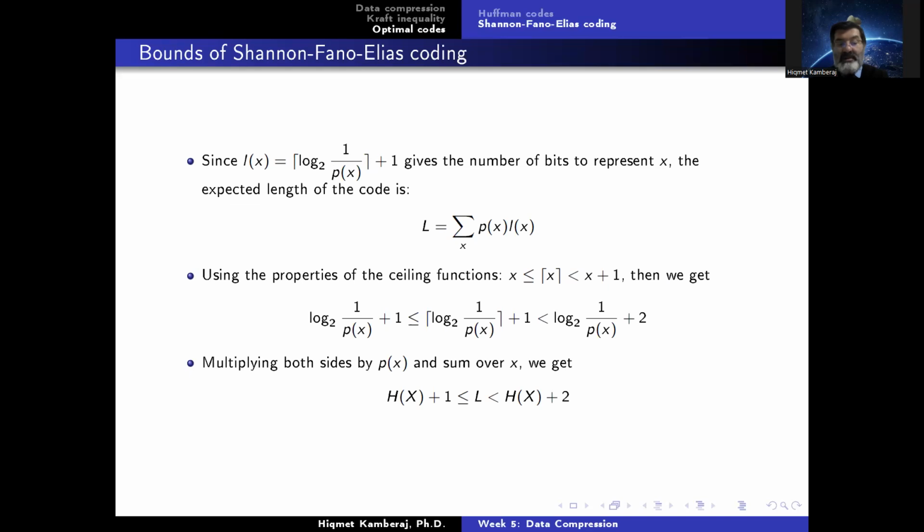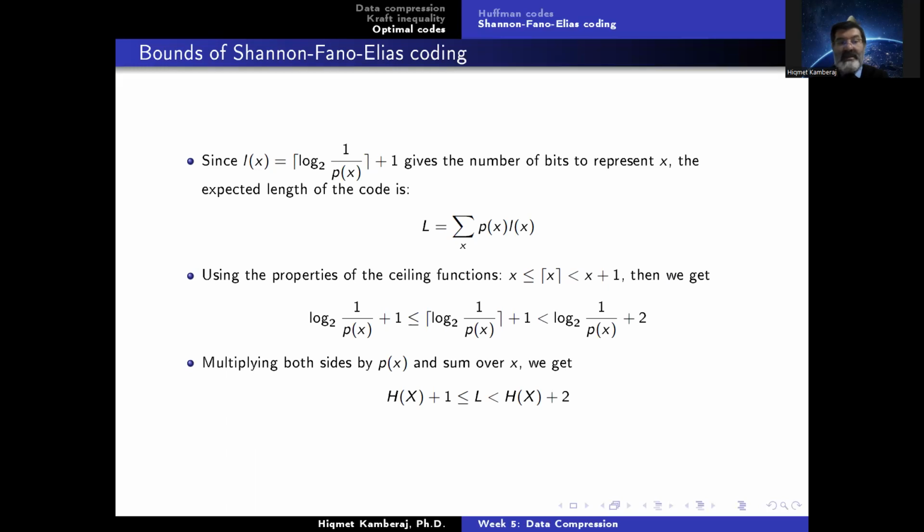We multiply both sides by p of x and sum over all x's. Then the left-hand side gives you entropy of x plus 1, less or equal to the term in the middle, which gives you the expected length of the code word L, and the right-hand side gives less than entropy of x plus 2.